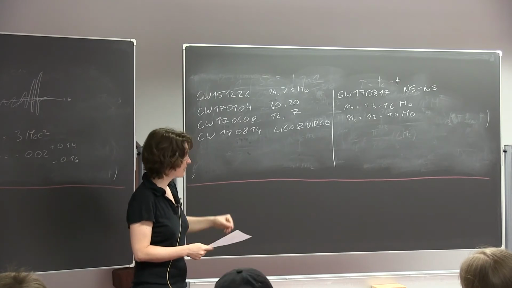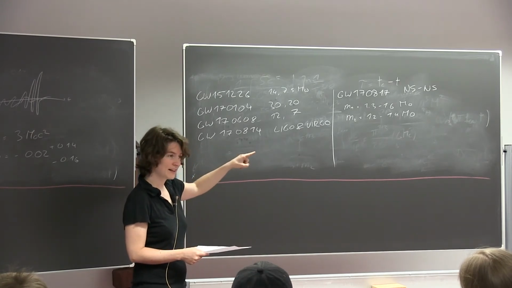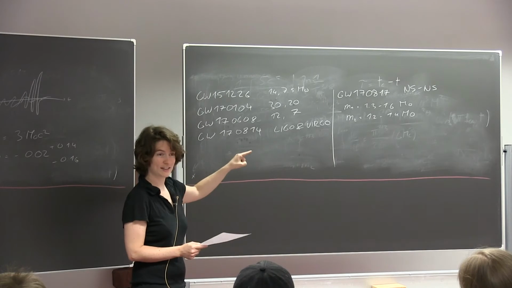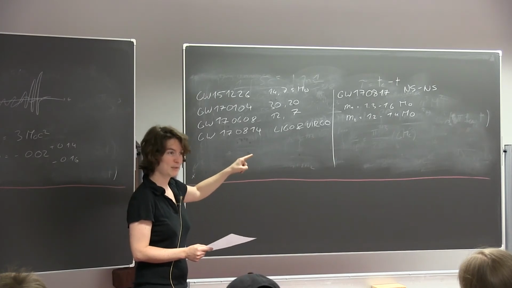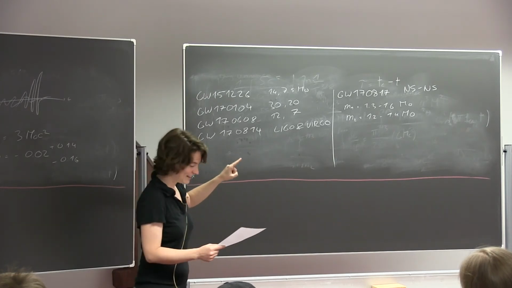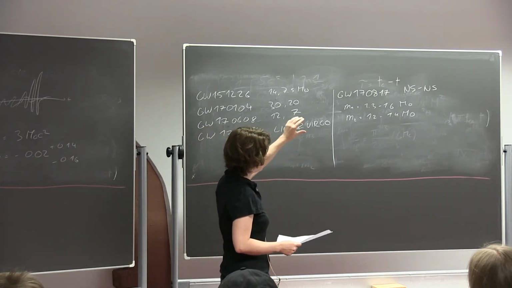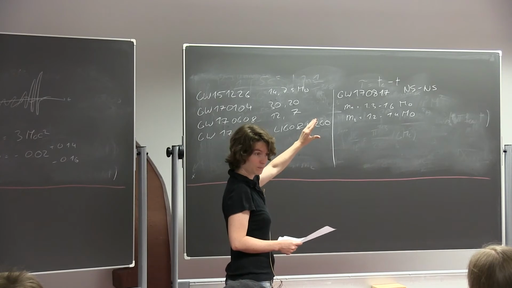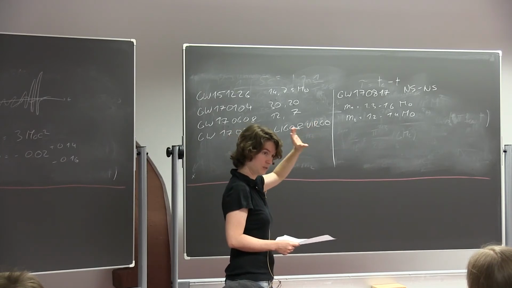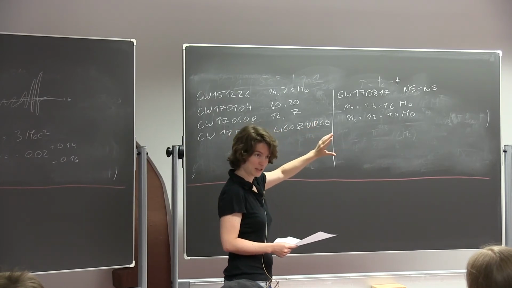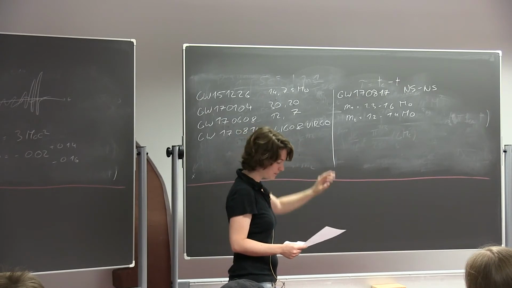So the fact that Virgo didn't see it actually helped a lot in the sky localization, and maybe even more than if they had seen it. So that allowed to do a very good sky localization, and also send out an alert to the astronomical community to look in a very specific spot.